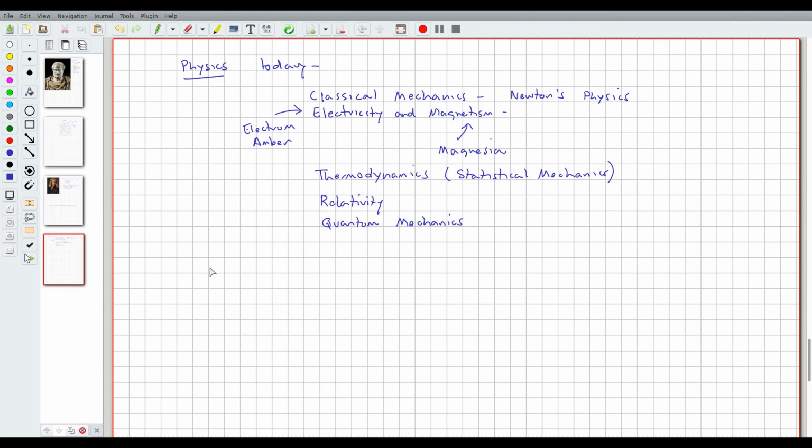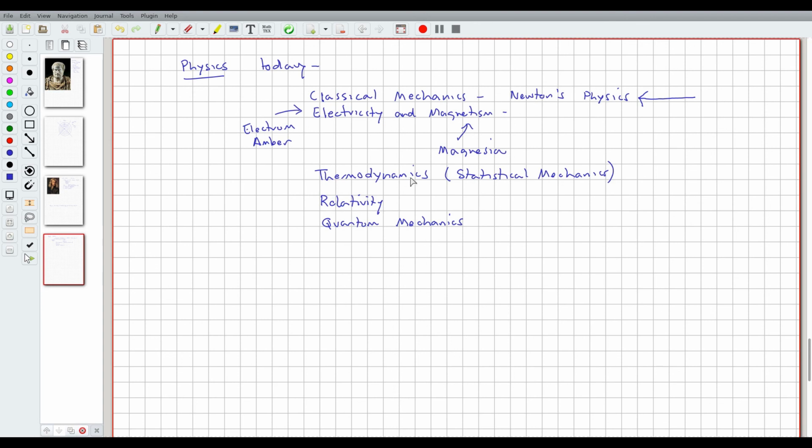Now, that said, this is University Physics 1. University Physics 1, almost in entirety, deals with Newton's physics. Because even though Newton's physics is old, and even though it doesn't describe all of nature perfectly, it does describe a substantial percentage of nature, and it works well. And the foundation that you get talking about Newton's physics allows you to talk about things like electricity and magnetism.